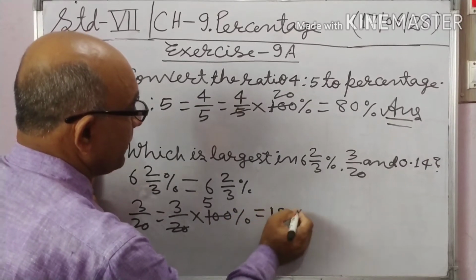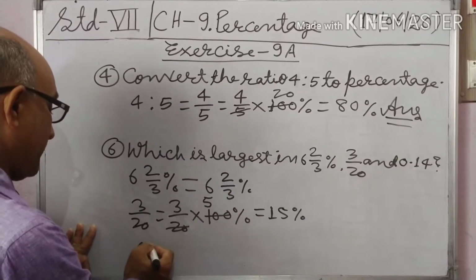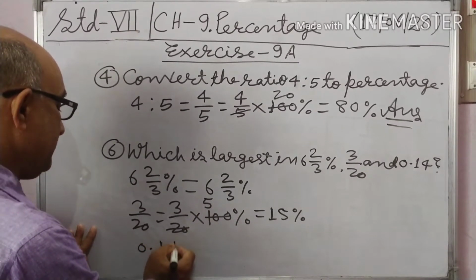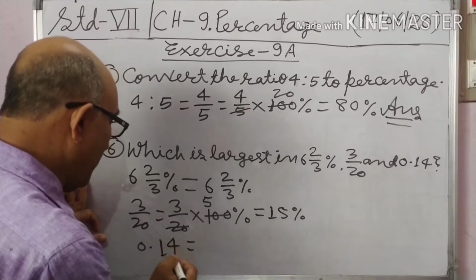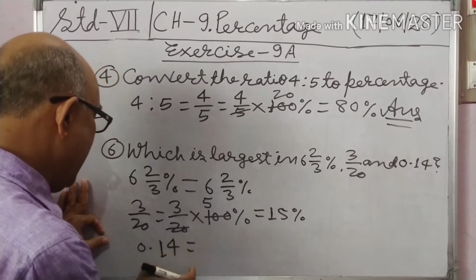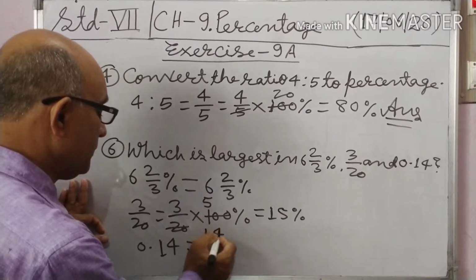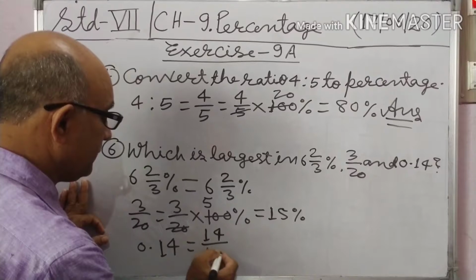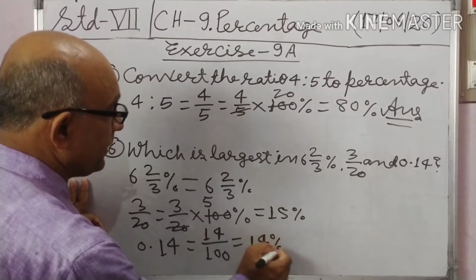It is 15%. Now next is decimal form, 0.14. Removing the decimal, it changes into 14 by 100, which means 14%.